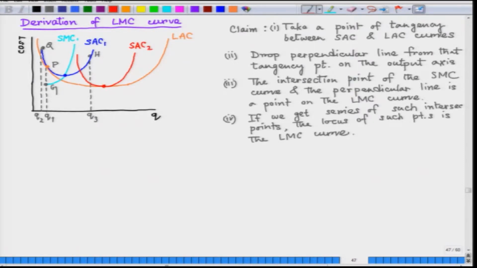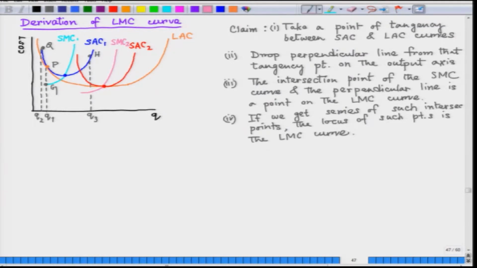So I am talking about a point like this, right. So for this also we will have a short run average cost curve. So here is the corresponding short run marginal cost curve, right.